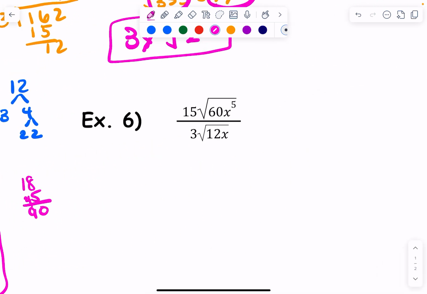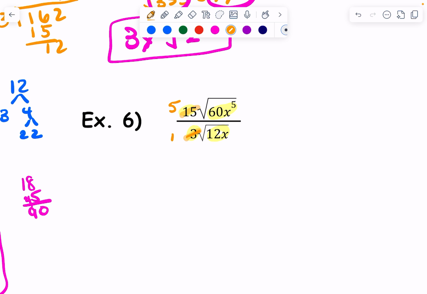Okay, so again, we have some inside and some outside. So if we were looking outside, we have 3 and 15. Well, obviously they both have a 3 in them. So we will divide by 3: we get 5, and divide by 3, we get 1. Okay, now we're going to look on the inside. We can definitely see that something's in common, right? So let's see what we have in common.